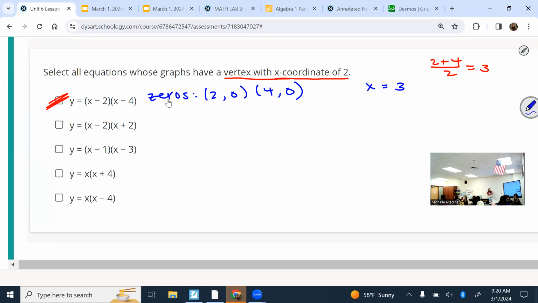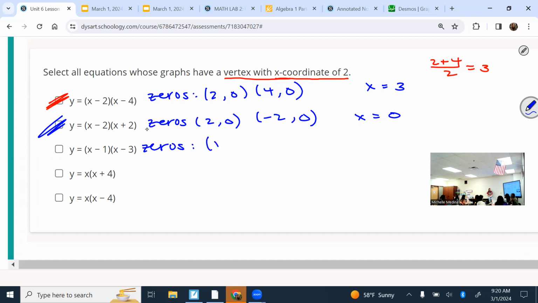So then what are my zeros of this one? 2 and -2. What's the middle way between those two numbers? So then that's also not going to be the answer. What are my zeros for this one? Okay, good. What's the middle way between 1 and 3? So this one will be one of my answers.